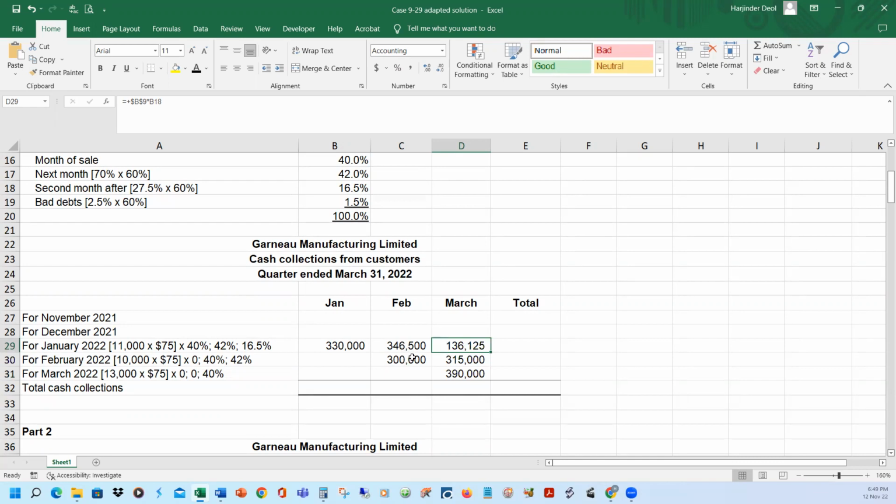So if this pattern does hold, then for February, we must have collected 40% of February sales, 42% of sales made in January, but then there has to be a 16.5% collection of sales that took place in December.